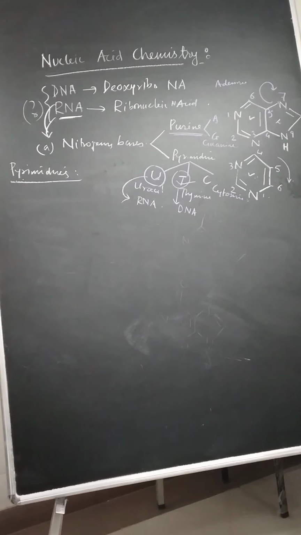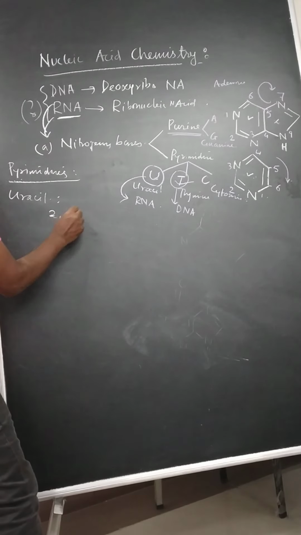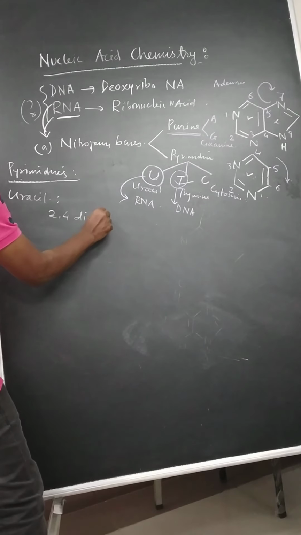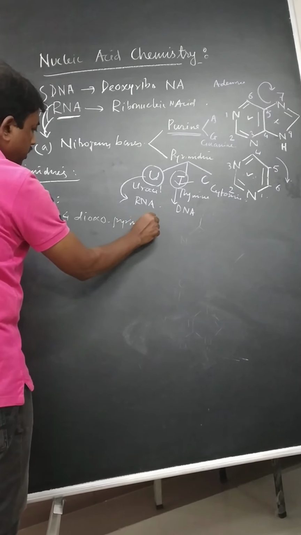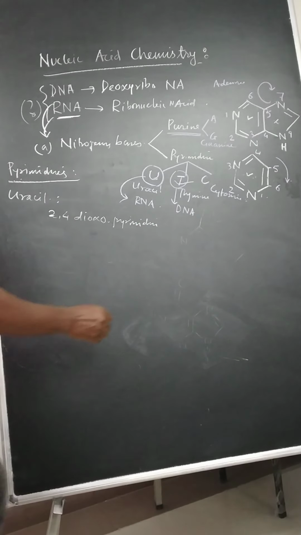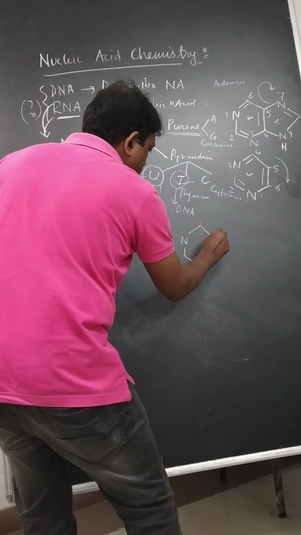Pyrimidines, you start from uracil. This is 2,4-dioxopyrimidine. What is that? Write down the pyrimidine nucleus first.